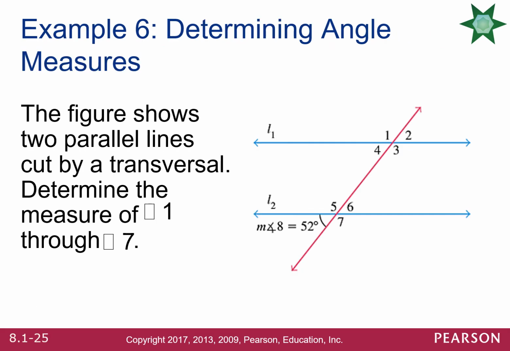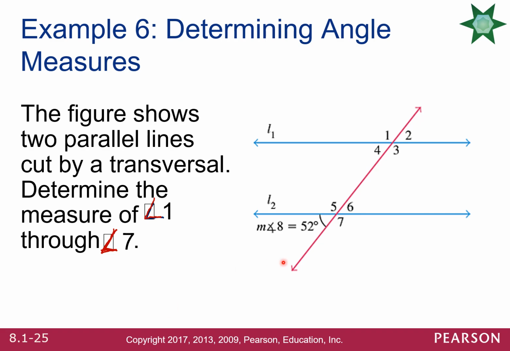Now here's an example of determining angle values when two parallel lines are intercepted by a transversal. The figure shows two parallel lines cut by a transversal. Determine the measures of angle 1 through angle 7.